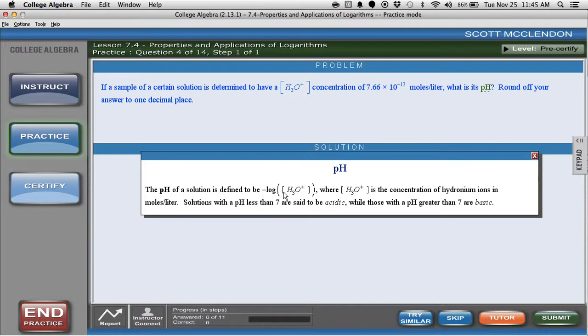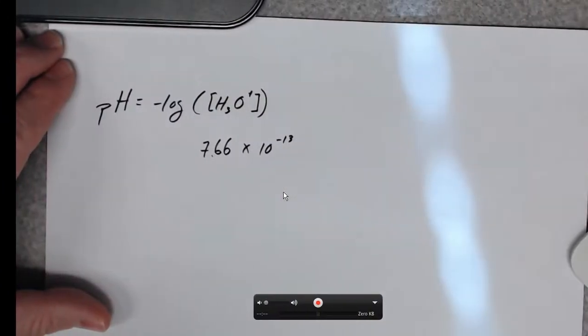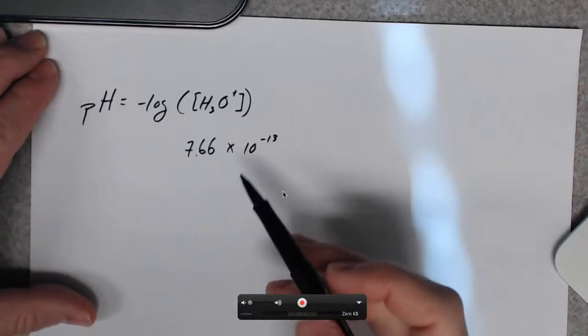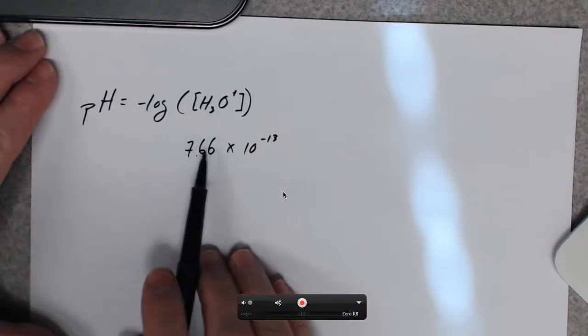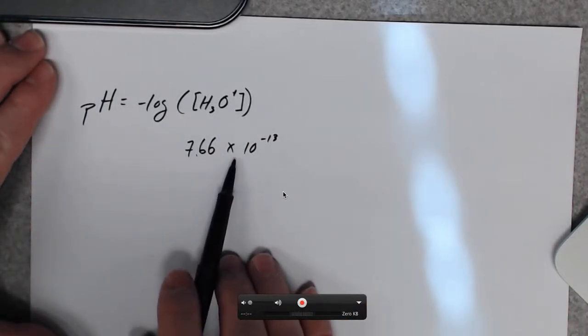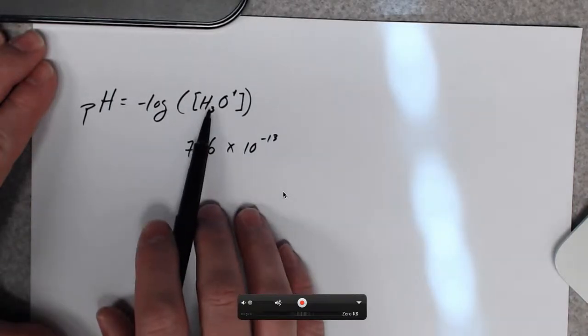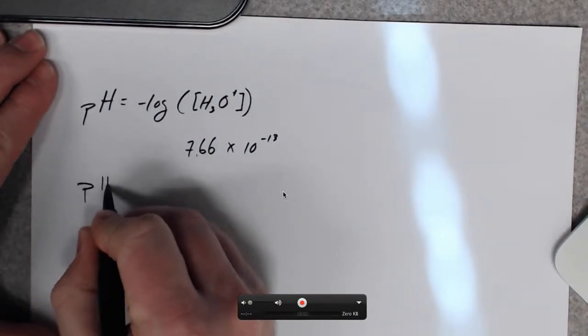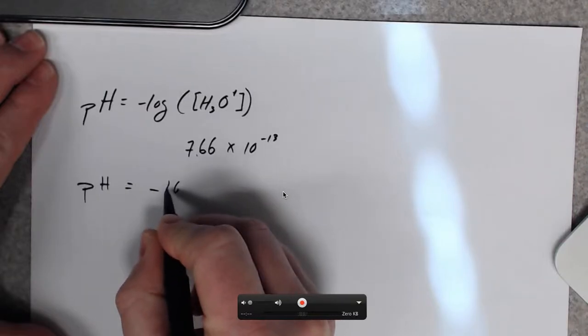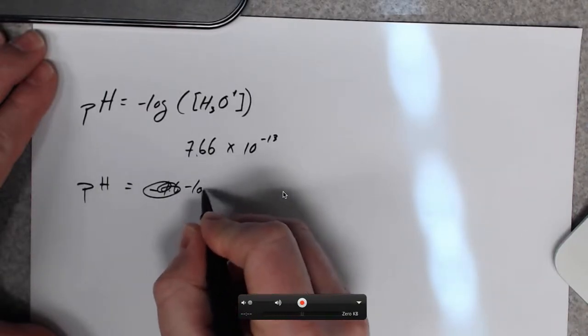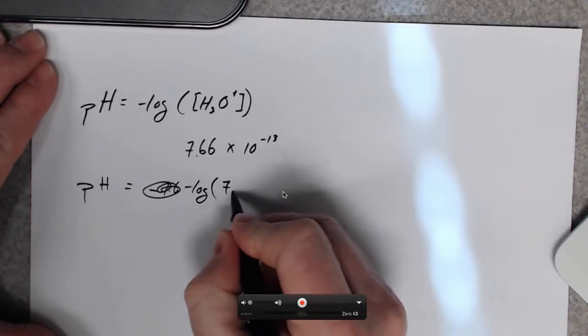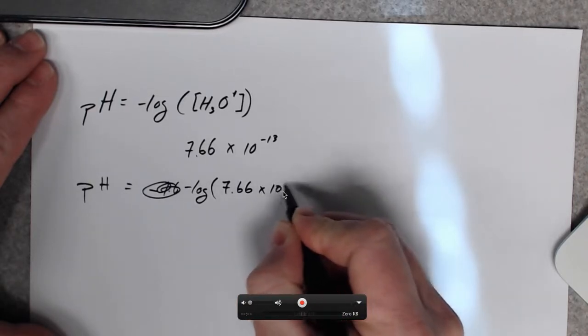So it's given a hydronium of 7.66 times 10 to the negative 13. So what we have to do then is just find the pH, and they give us the concentration of hydronium. So we're just going to plug this into here. So the pH is negative log 7.66 times 10 to the negative 13.